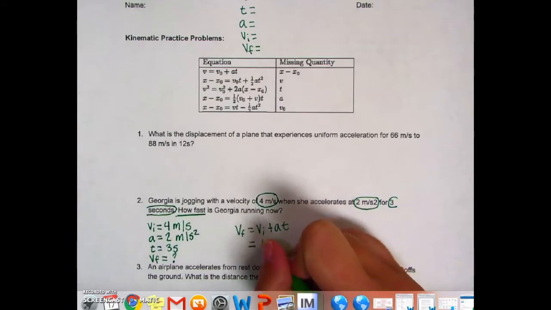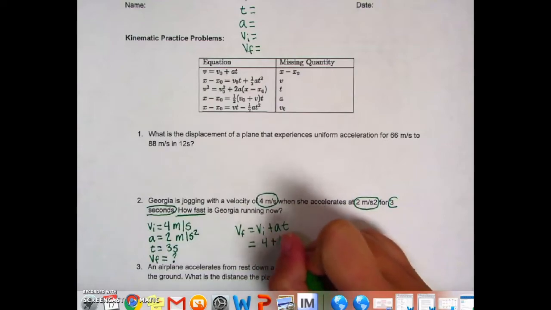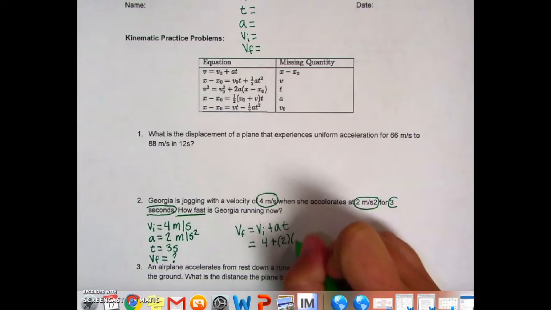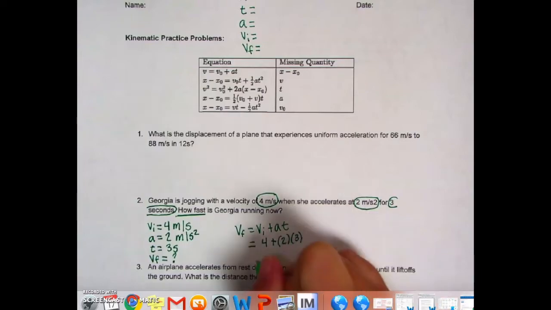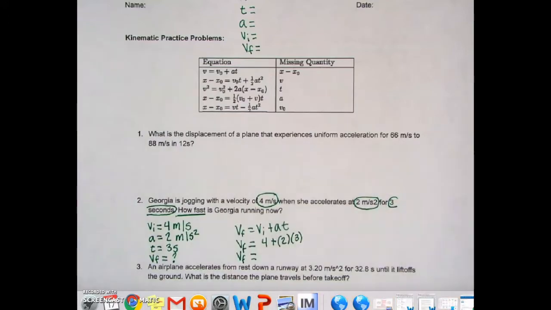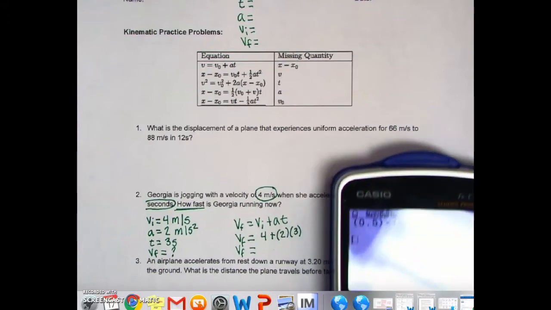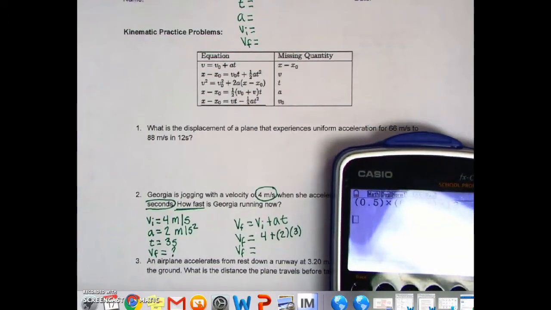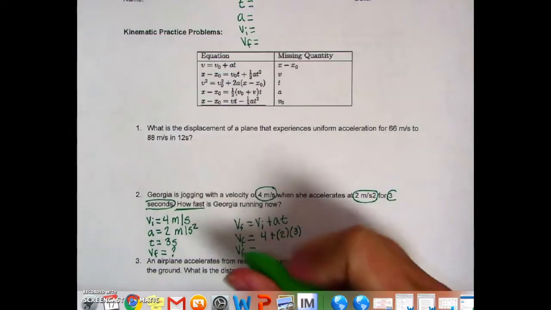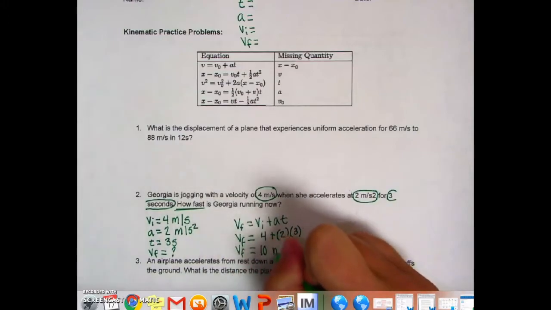We're going to say 4 plus 2 times 3, which I got off my list of givens. You may be able to do this without a calculator, but 4 plus 2 times 3 means our final velocity should be 10 meters per second.